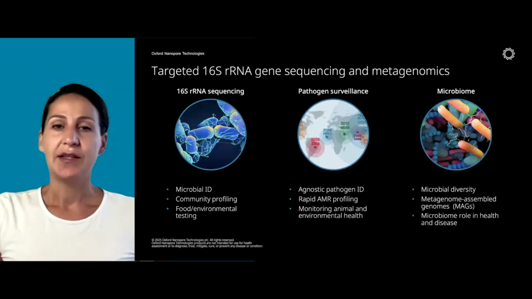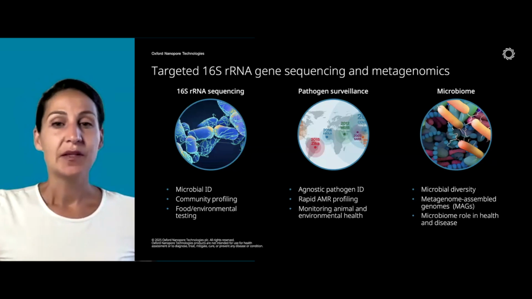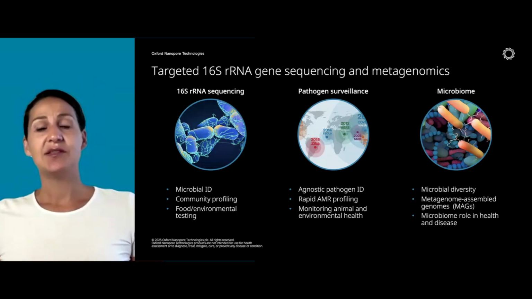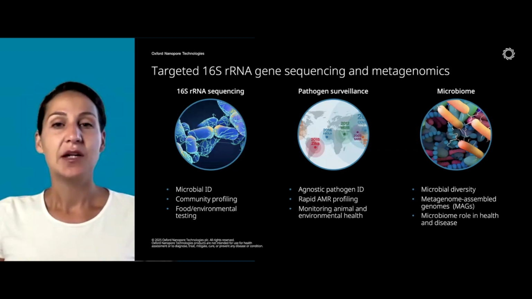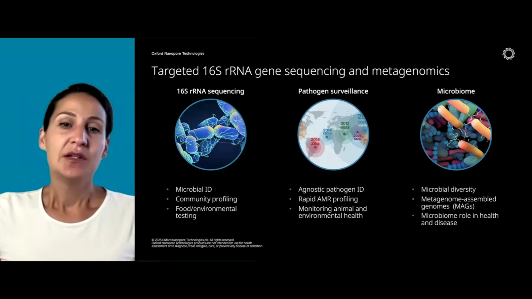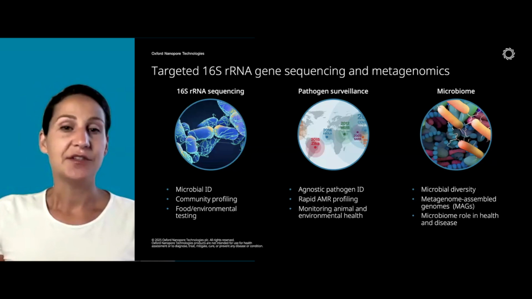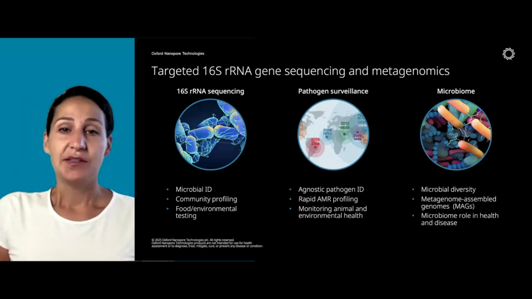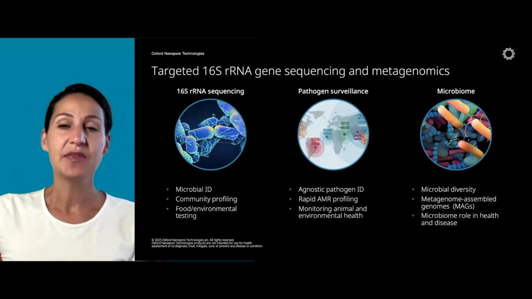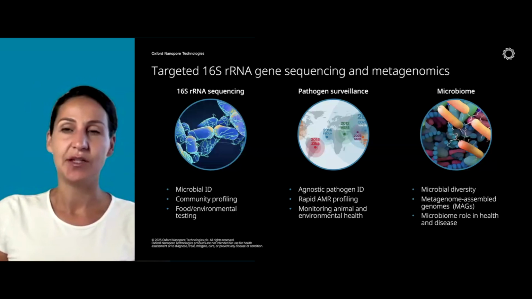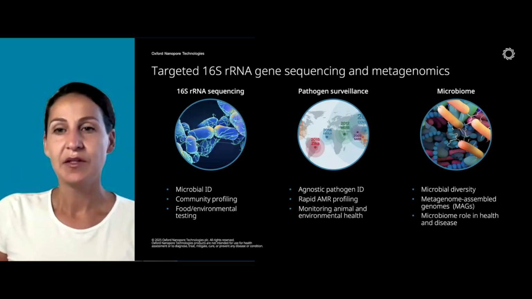Pathogen surveillance, on the other hand, tends to be a method for detecting specific infectious disease pathogens in a truly agnostic way, and ideally would be able to capture viruses, bacteria, and fungi. Ideally, you would also be able to pull out antimicrobial resistance profiles from this, and it would be used to monitor animal and environmental health for biosecurity purposes and biosurveillance.